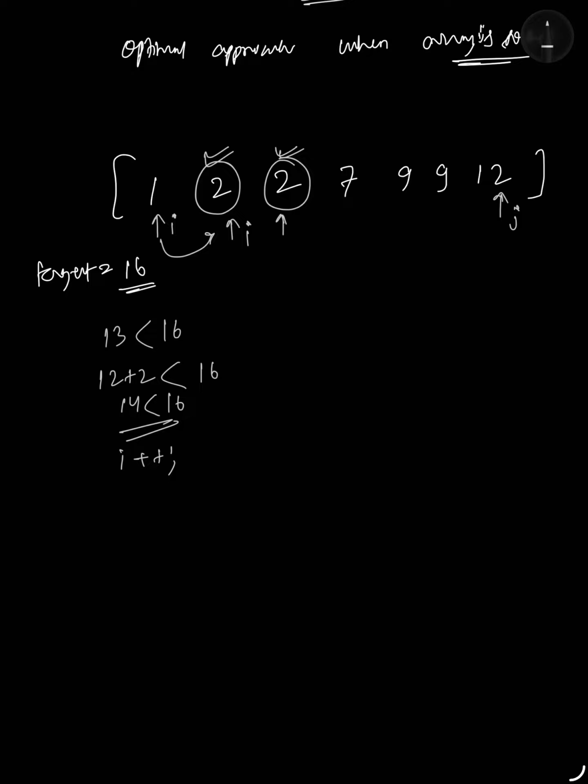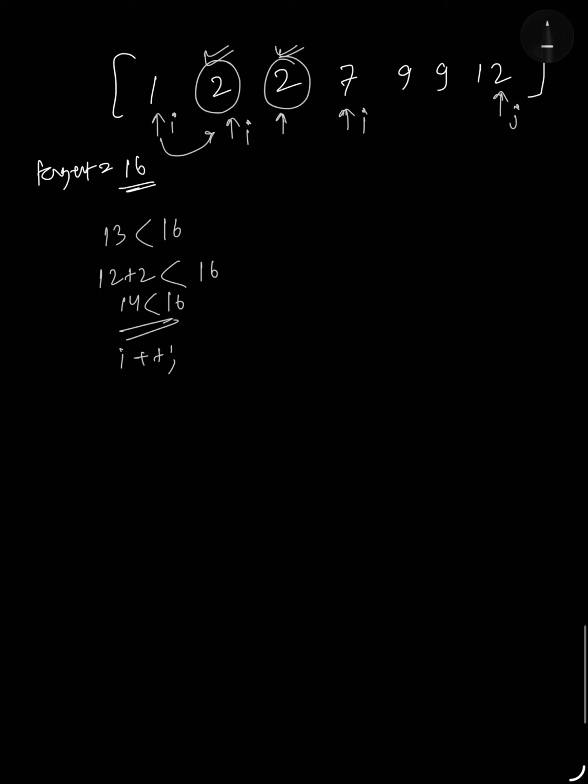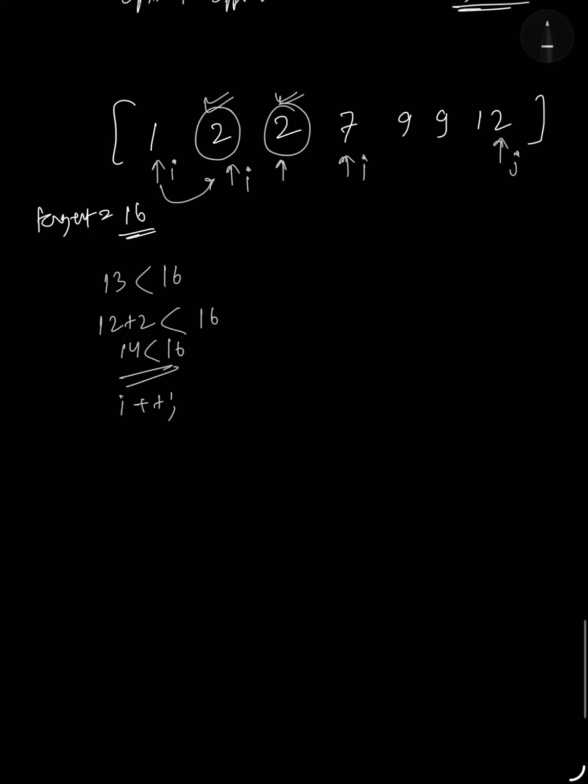So we should ideally skip this. It is a redundant comparison. We don't need to do that comparison, right? So we should directly jump onto the 7 with the i index and then compare whether this gives me the right value or not.